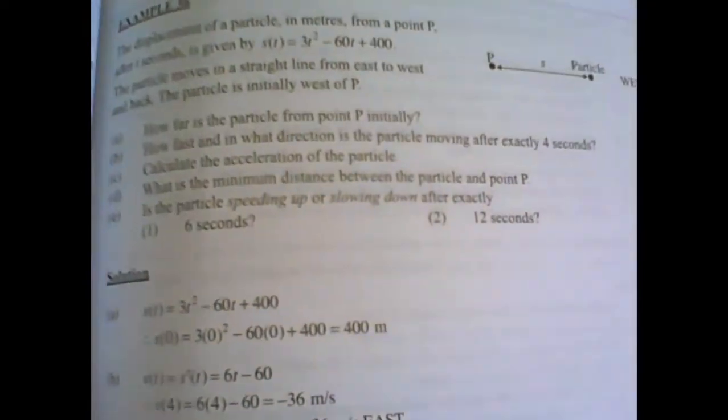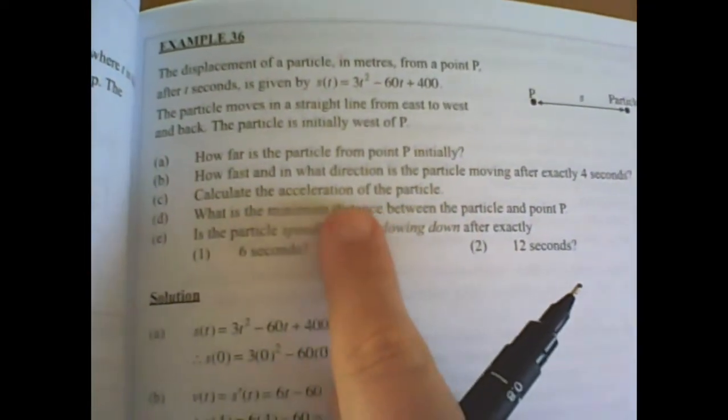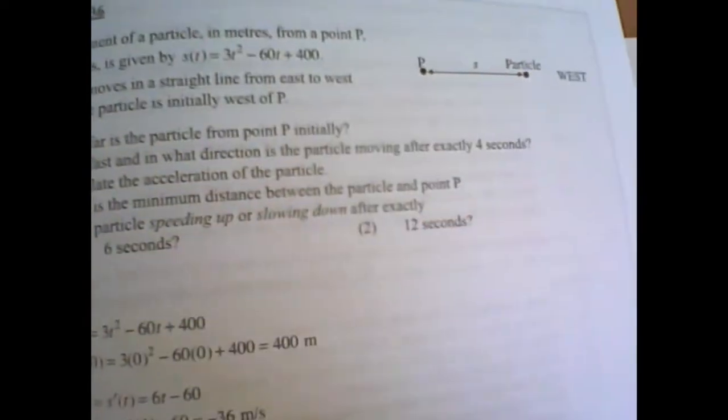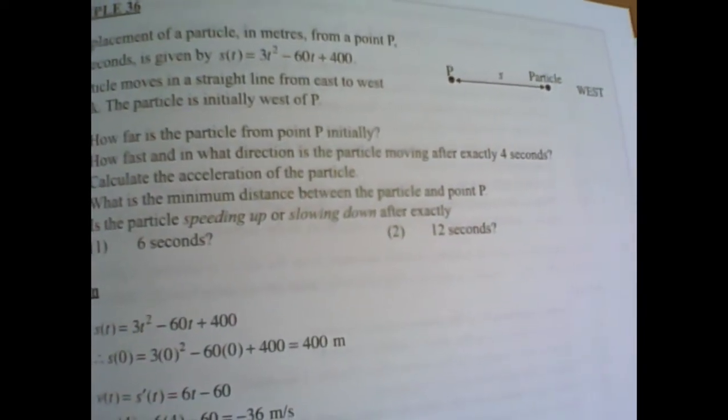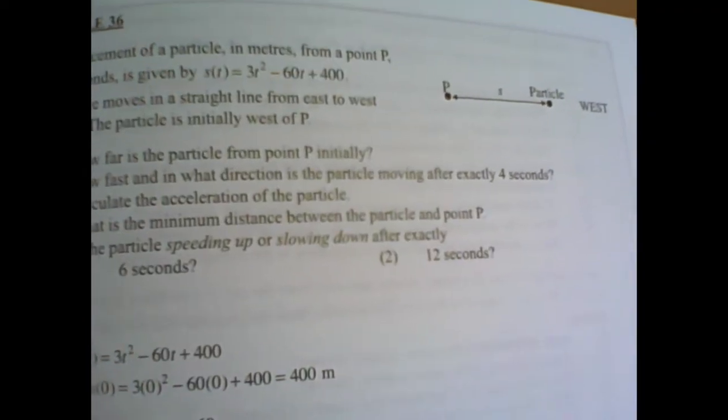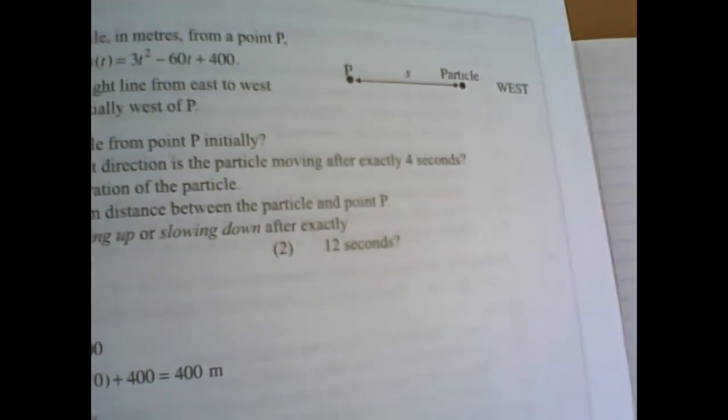The next question I normally feel is unfair to ask because not everyone does science, all right? But the question is, calculate the acceleration of the particle. Okay? Are we all together? So calculate the acceleration of a particle.